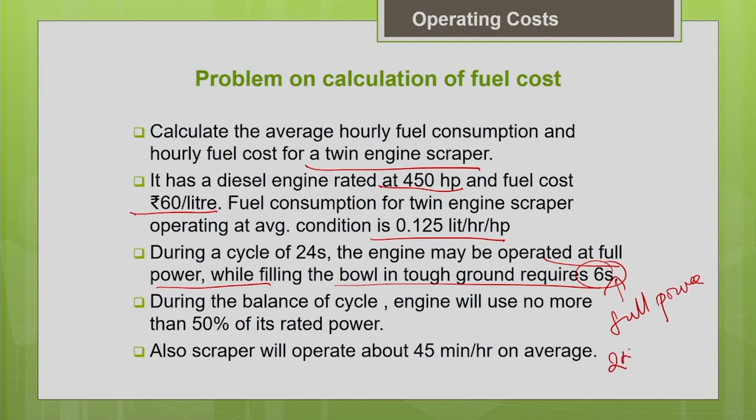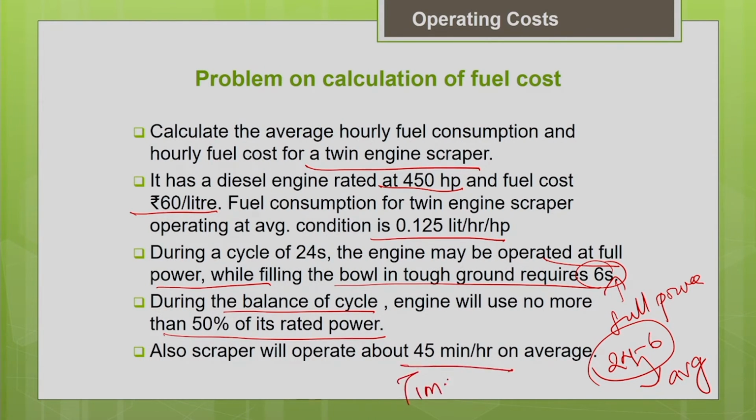During the remaining 24 minus 6 seconds, the balance of the cycle, the engine will use no more than 50% of the rated power. So it is working at average power in the remaining part of the production cycle, and its working efficiency is 45 minutes per hour. So your time factor is also given here.